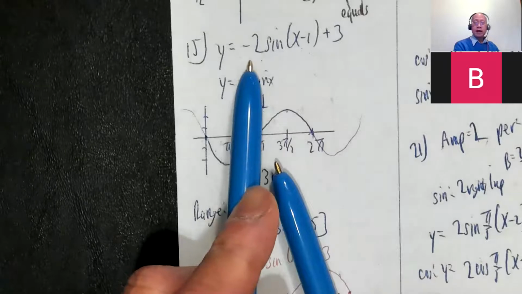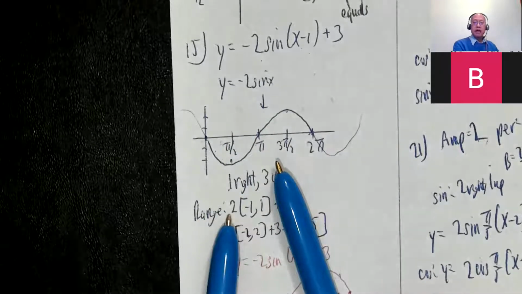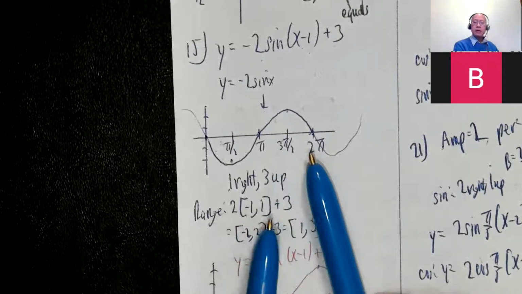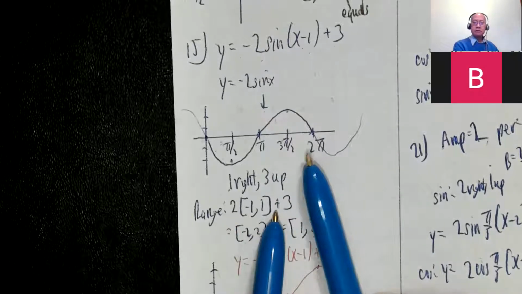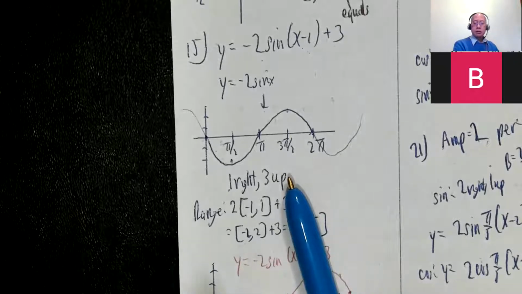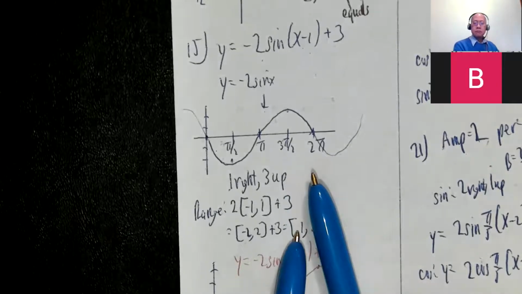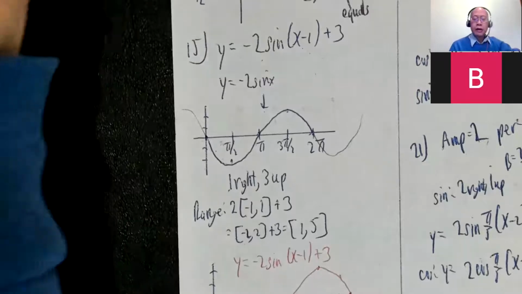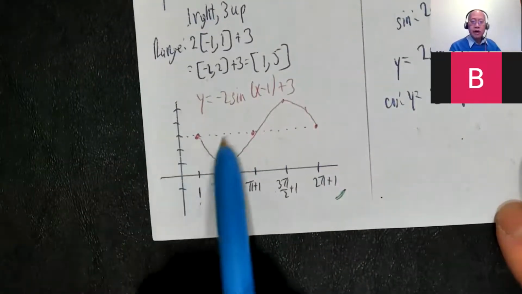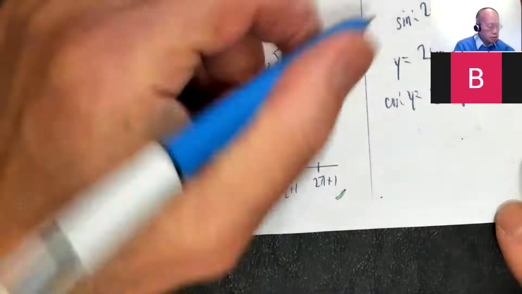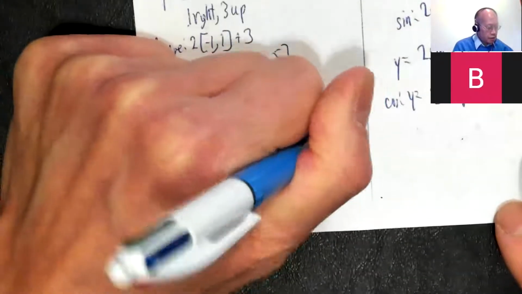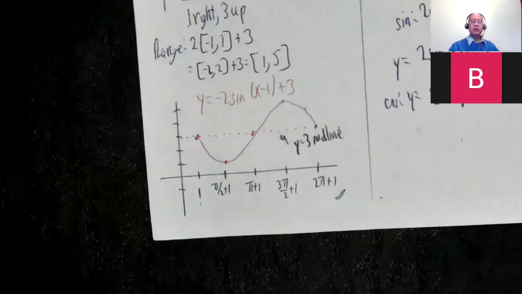The 2 or negative 2, it doesn't matter if it's 2 or negative 2, you multiply that by 2. So now I'm going from negative 2 to 2, right? But then you add 3. So from negative 2 to 2, plus 3. So negative 2 plus 3 is 1. 2 plus 3 is 5. So my new graph is going to go between 1 and 5, where y equals 3 is the midline. Y equals 3 is the midline. It's sort of like the new 0.